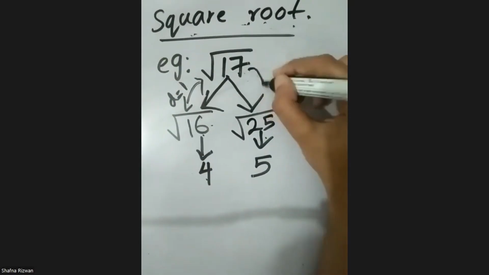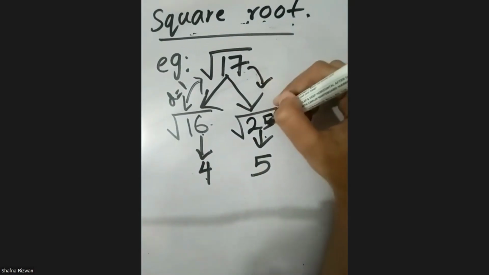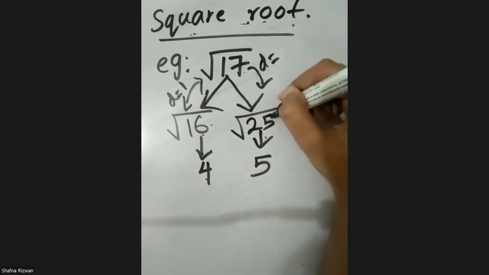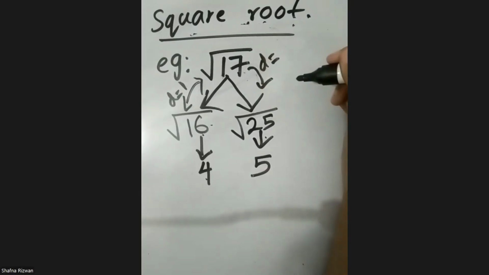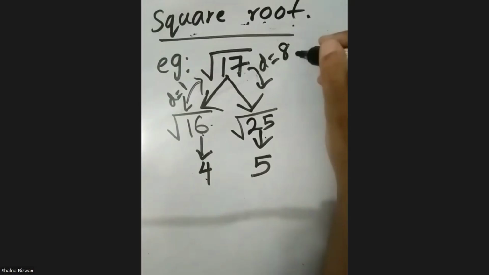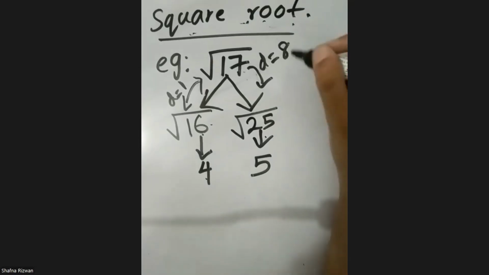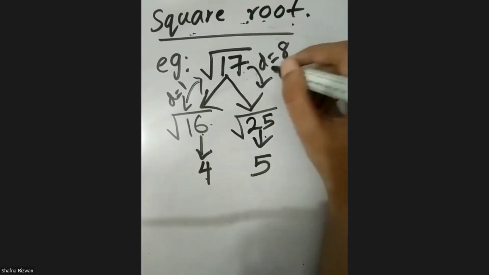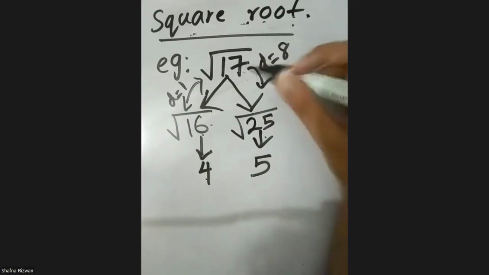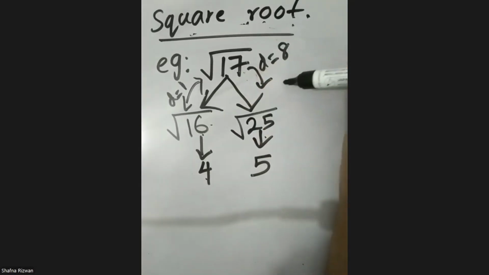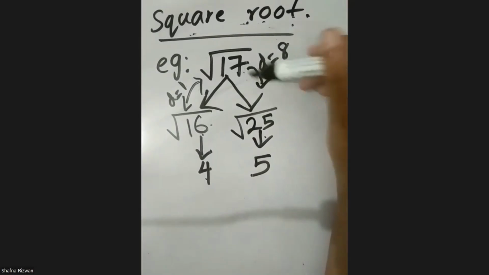And between 17 and 25, to find the difference you subtract: 25 minus 17 is 8. So here 1 is the difference between 17 and 16, and 8 is the difference between 25 and 17.